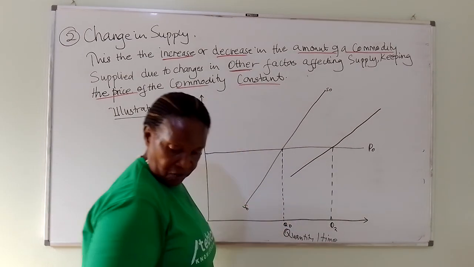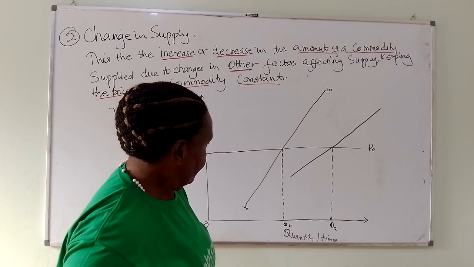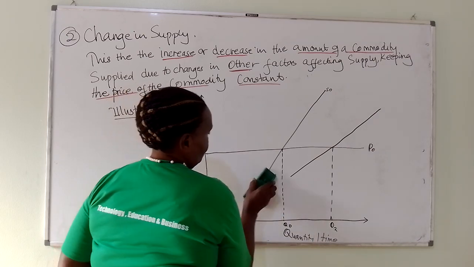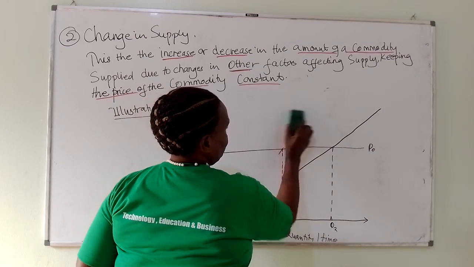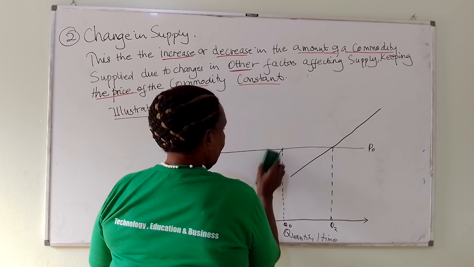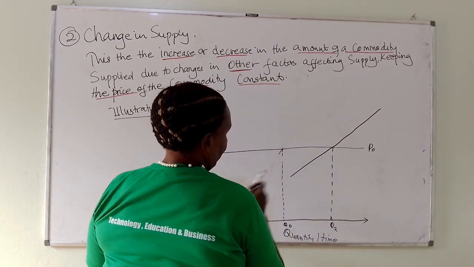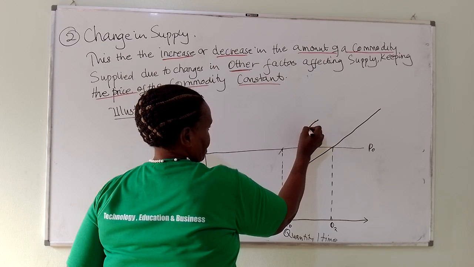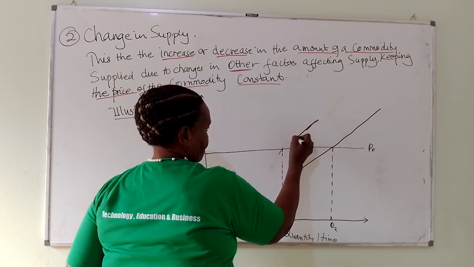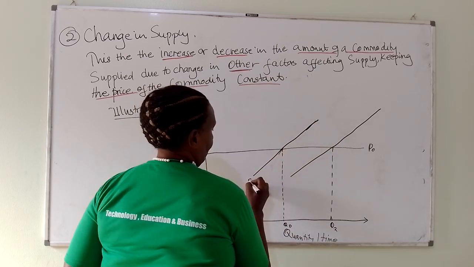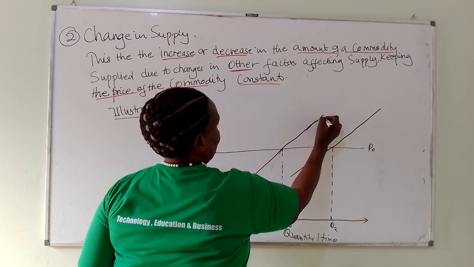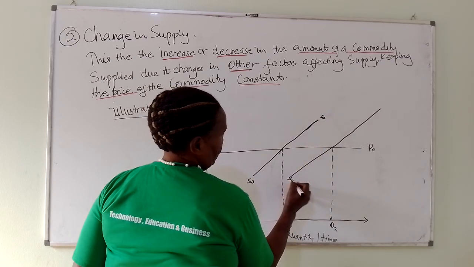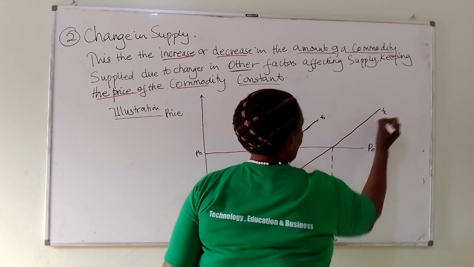It should be parallel to the original one. Good. Bad thing we don't have a ruler. They should be parallel to each other. S0, S2.